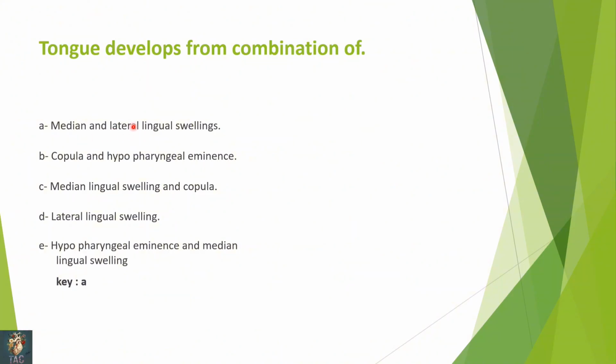The hypopharyngeal eminence contributes to the posterior part of the tongue but not the copula. The copula has almost no contribution to formation of the tongue, so wherever it is present, that option is incorrect. So the correct option is the median and the lateral lingual swelling.